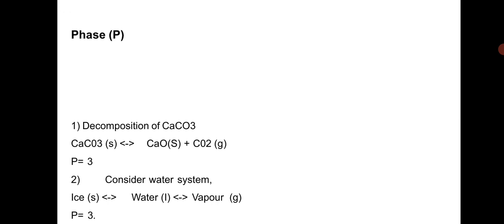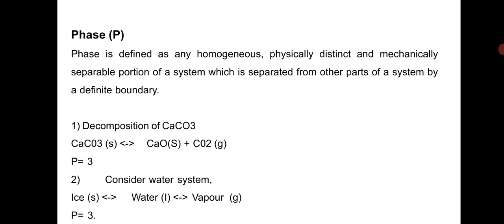See what is meant by phase. A phase is defined as any homogeneous, physically distinct and mechanically separable portion of a system which is separated from other parts of the system by a suitable definite boundary. Let us take one beaker.